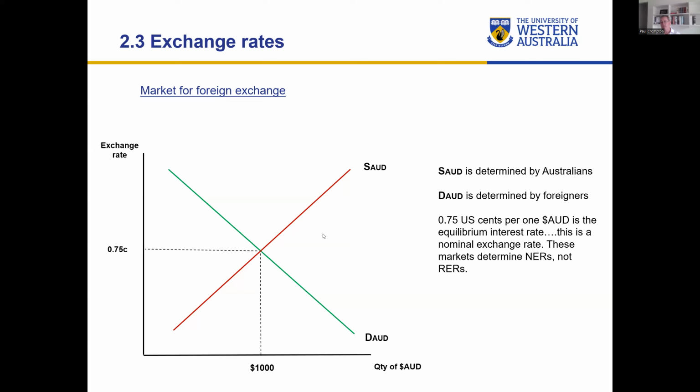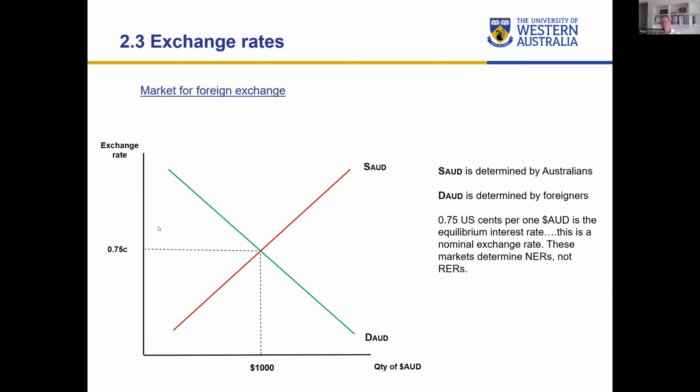So if there's an increase in the demand for the Australian dollar, its price goes up, just like the demand and supply in any market. If you've got the demand and supply curve for oranges and there's an increase in the demand for oranges, the price of oranges goes up. So if there is an increase in the demand for the Australian dollar, the price of the Australian dollar goes up. And so it'll go up from 0.75 maybe to 0.9.